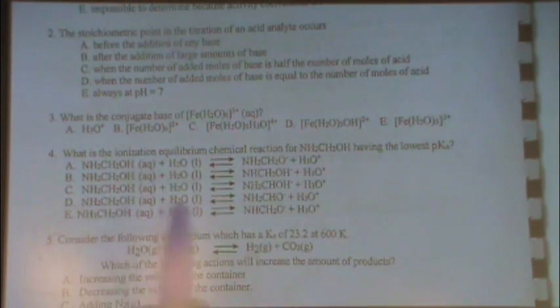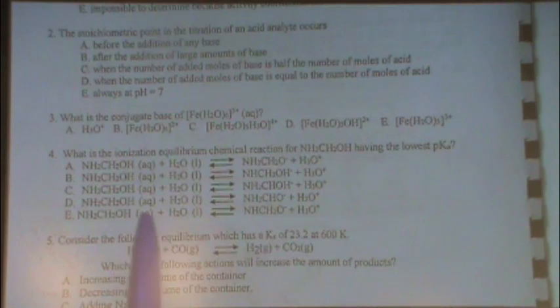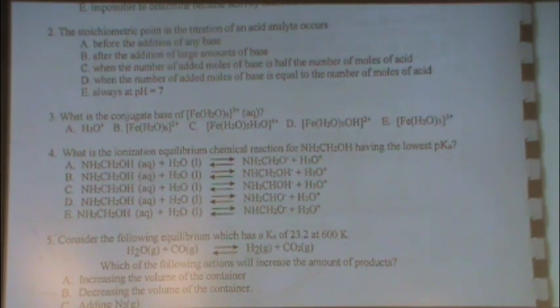This lost it on nitrogen, carbon, and oxygen. Each time you lose a proton, you know it gets harder and harder. So D and E are the most ridiculous possible. So really A, B, and C, each losing one hydrogen, are the ones we're focusing on.